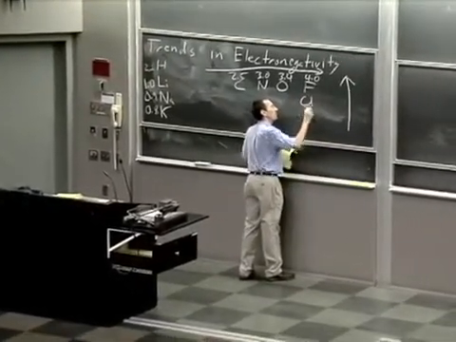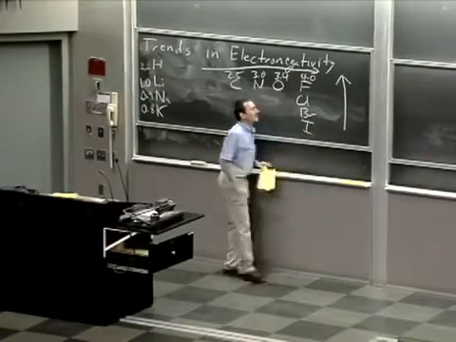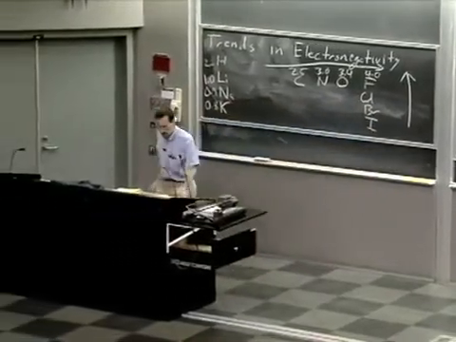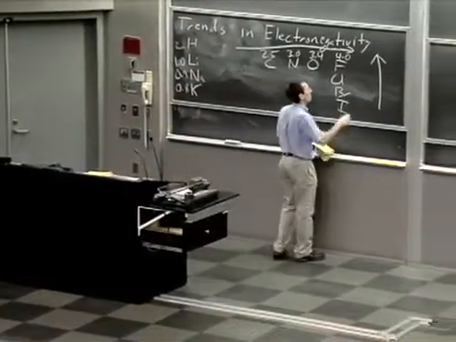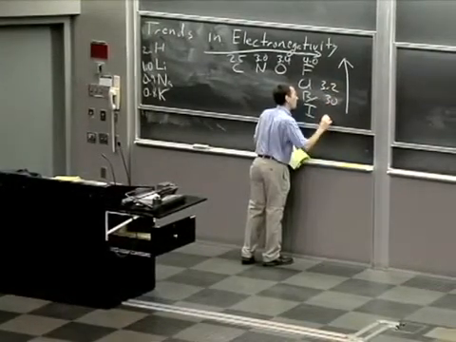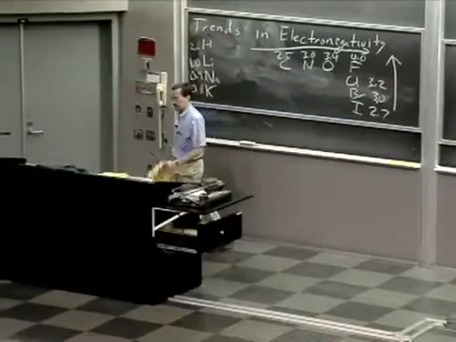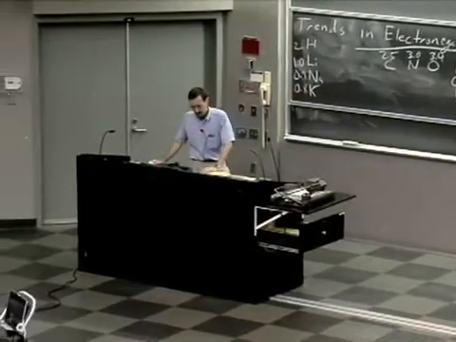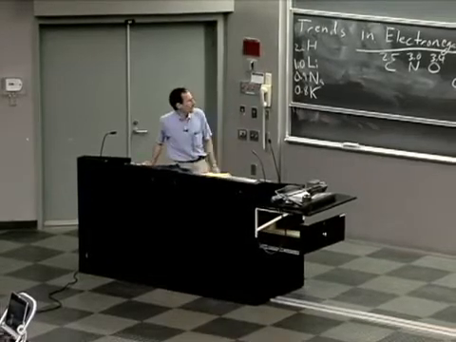So as we go from fluorine to chlorine to bromine to iodine, your numbers go 4.0 for fluorine, 3.2 for chlorine, 3.0 for bromine, and 2.7 for iodine. I'll throw in one more element.